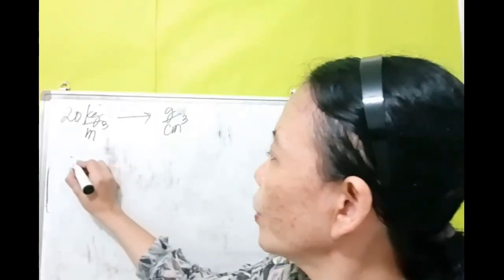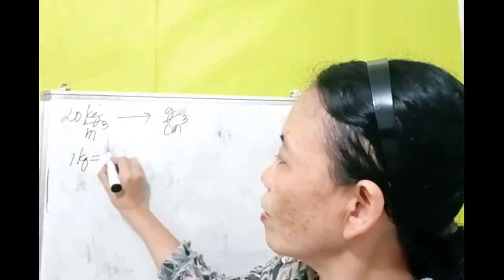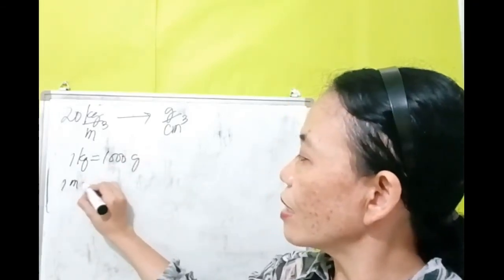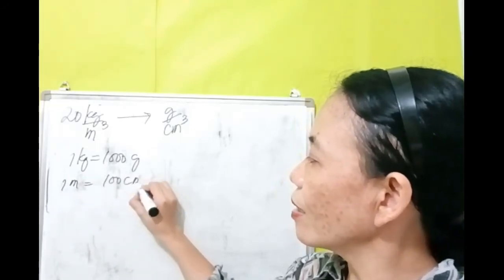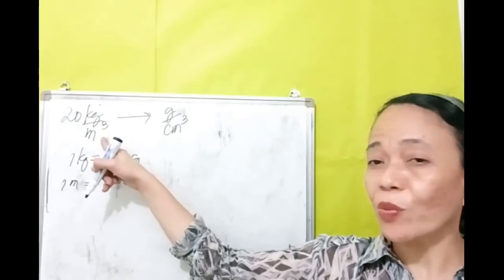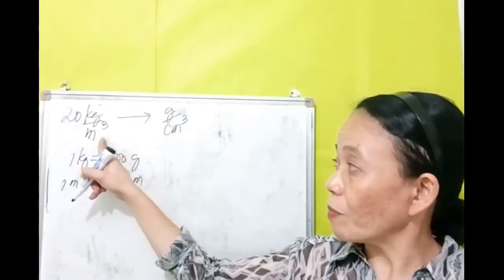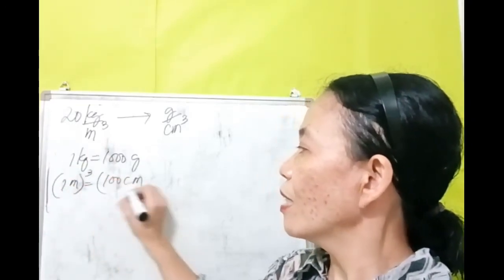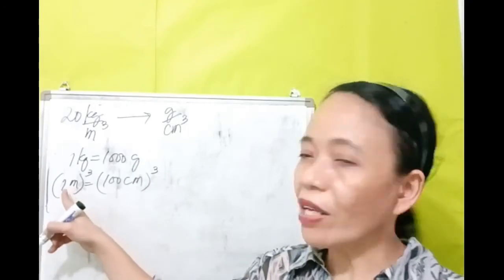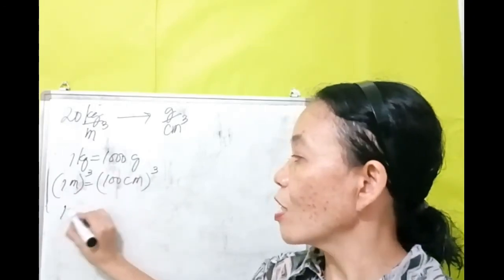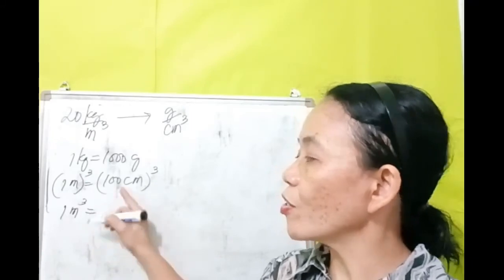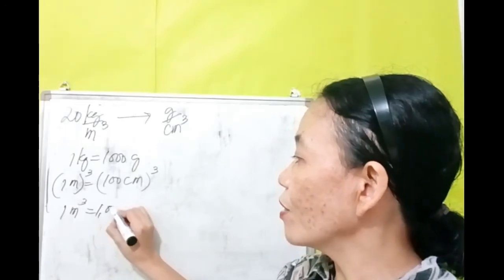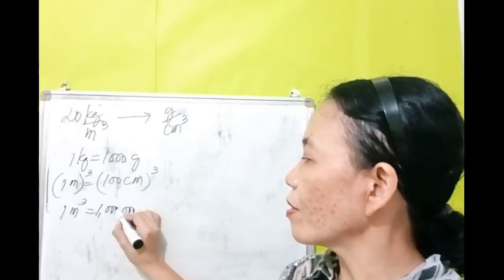So what are the conversion factors? 1 kilogram is equal to 1000 grams. 1 meter is equal to 100 centimeters. But as you have noticed, we're expressing volume in cubic meter, so therefore we have the raised to 3. So 1 meter times 1 meter times 1 meter, 1 cubic meter, is equal to 100 cm times 100 cm times 100 cm, which is 1 million cubic centimeters.